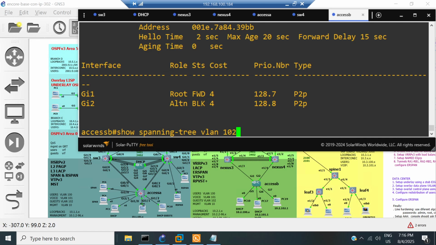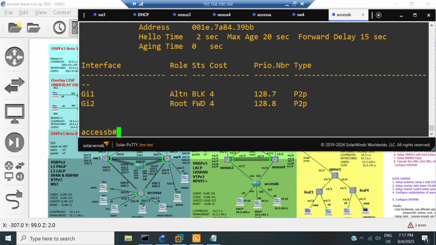This should change. In this case, for VLAN 102, gigabit 2 is root, and gigabit 1 is the alternate port. Notice the difference between this, root and alternate, and root.